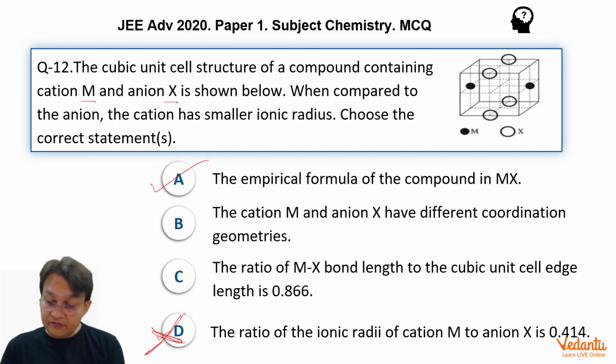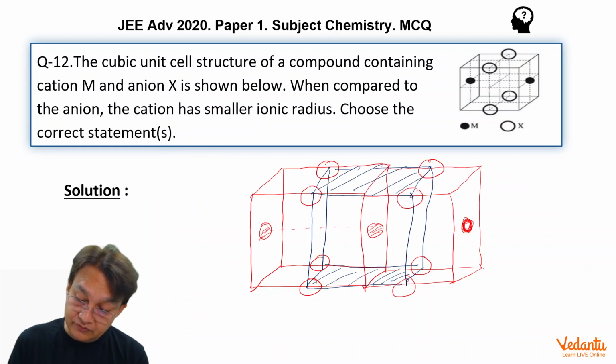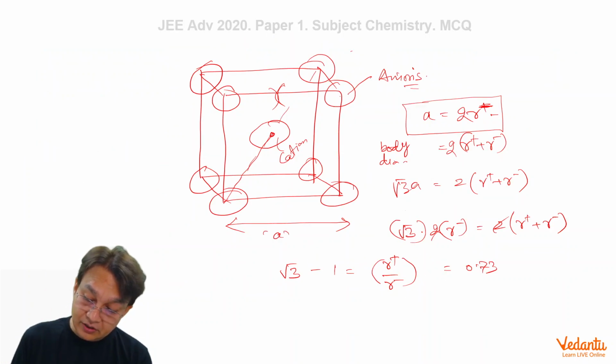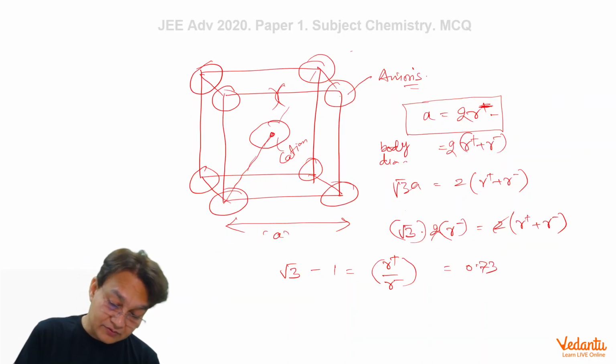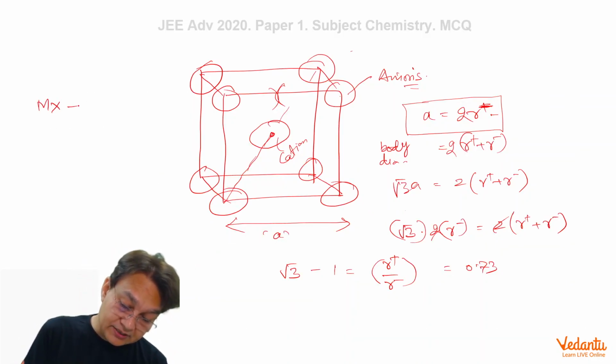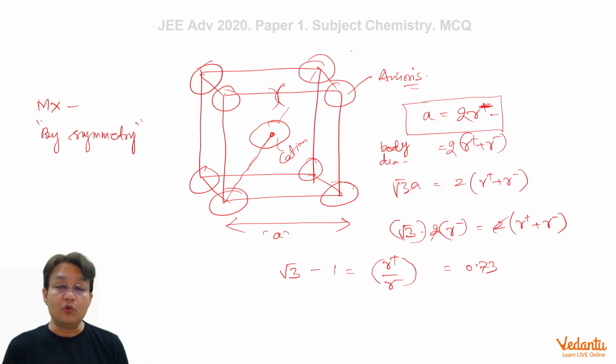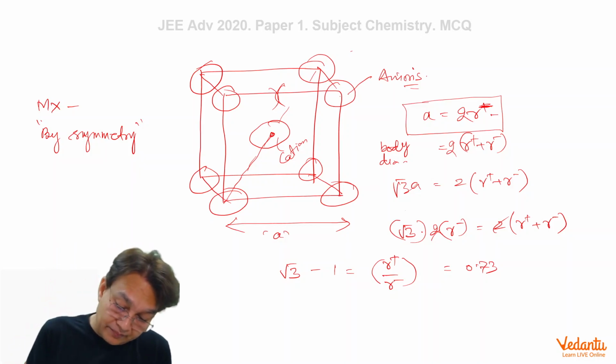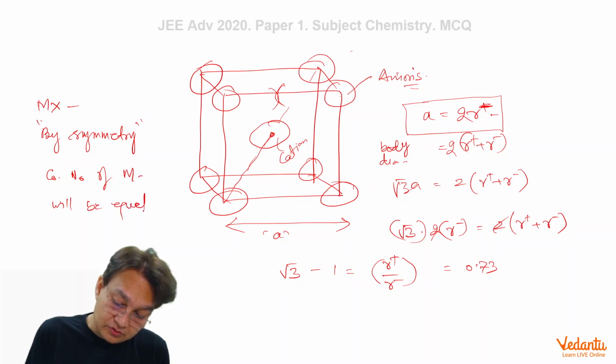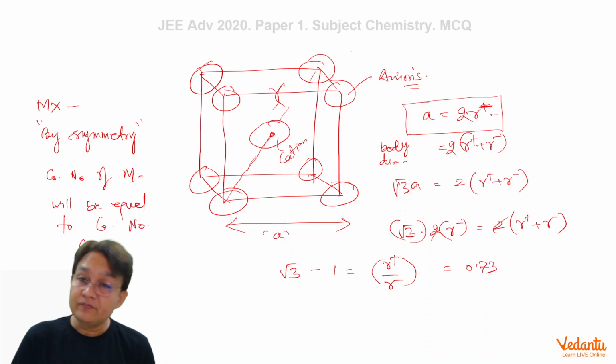Cation M and anion X have different coordination geometries. It's impossible, because since the empirical formula is MX, we can easily conclude that the coordination number of M will be equal to the coordination number of X by symmetry.